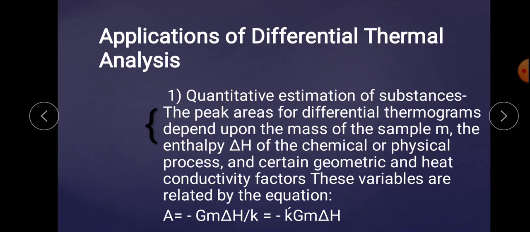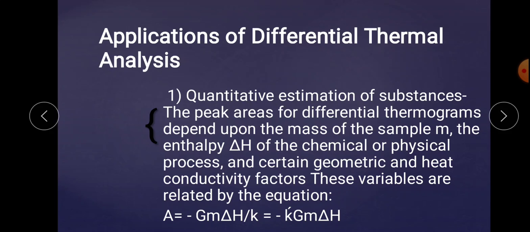When we deal with quantitative estimation, we identify numbers, such as the number of moles, number of particles, etc. So quantity means what type of element is present and what is the amount of it. When you are measuring quantity, it is known as quantitative estimation. So the quantitative estimation of a substance can be done by means of differential thermal analysis.